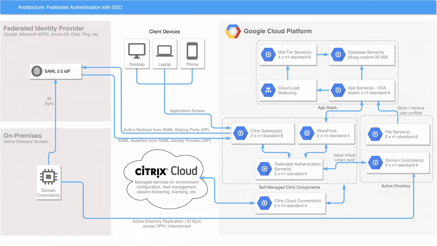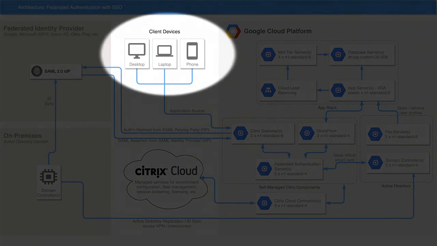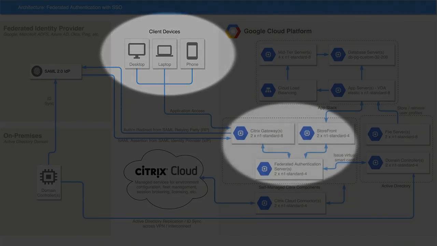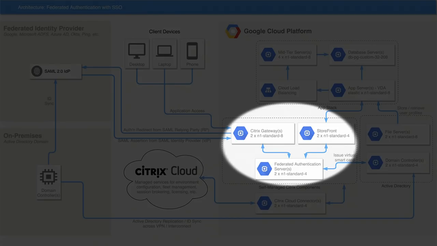So again, it's similar to the architecture we already looked at, with a couple of differences. One, you'll notice that the client devices don't initially talk to the Citrix Cloud when they authenticate users. Now the gateway is actually running on an appliance in GCP, and this gives you a lot more flexibility in how you configure that appliance.